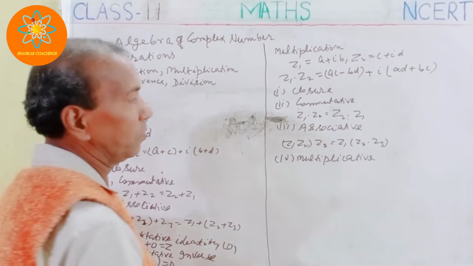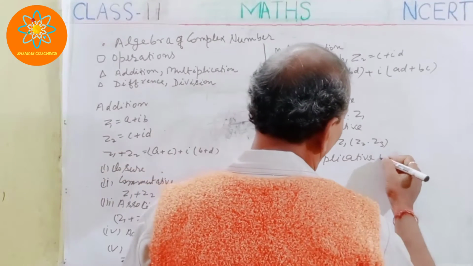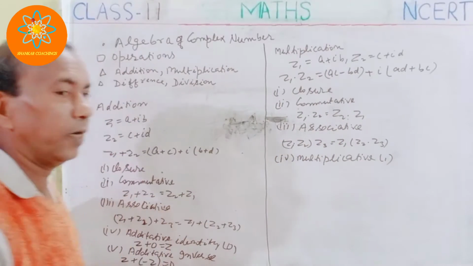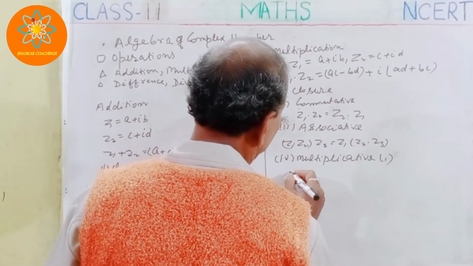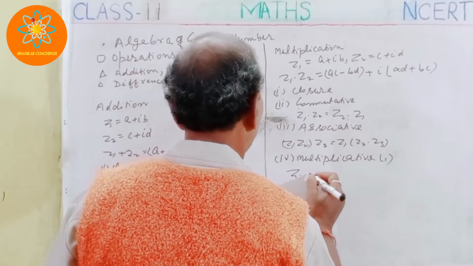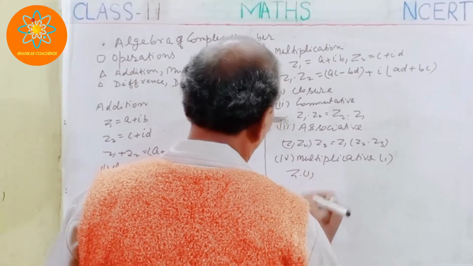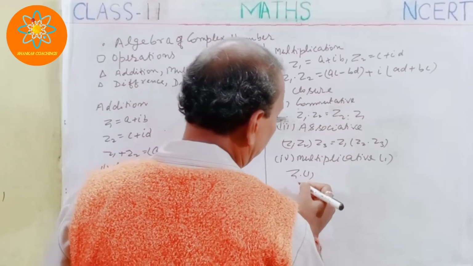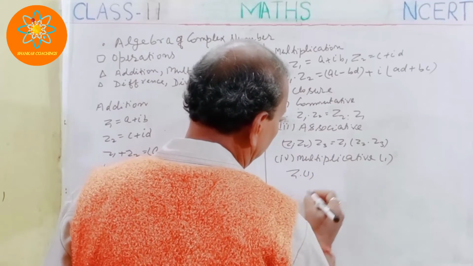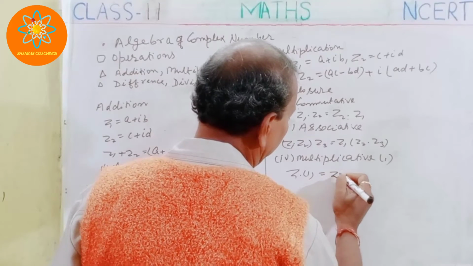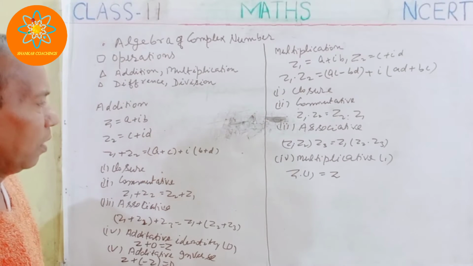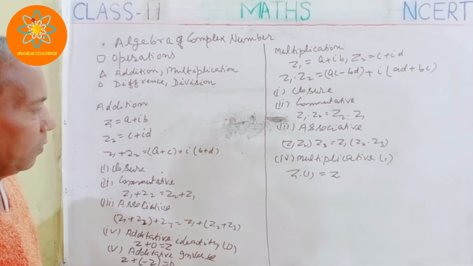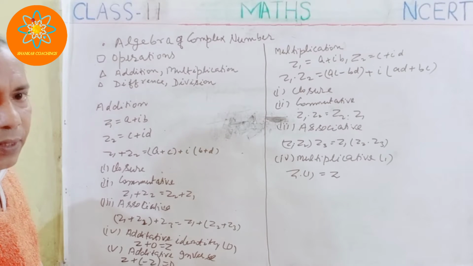Not 0, it will be 1. That means if I multiply any complex number z by 1, we will get again the value z. So we call 1 the multiplicative identity.